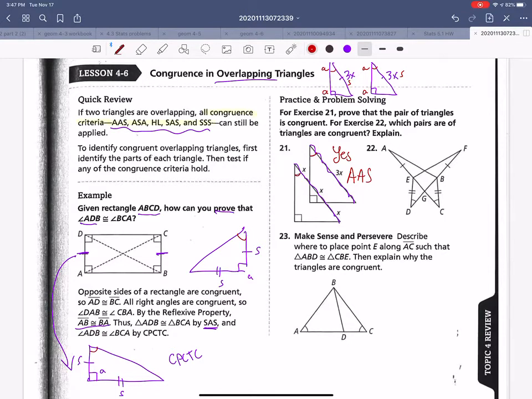Ooh, funky. This is kind of an interesting pattern. Okay, so this triangle, right? And then this triangle, right? Okay, so this part has 2 marks on it, right? This part has 2 marks on it, so that's equal. This angle down here matches this angle down there, so those match.